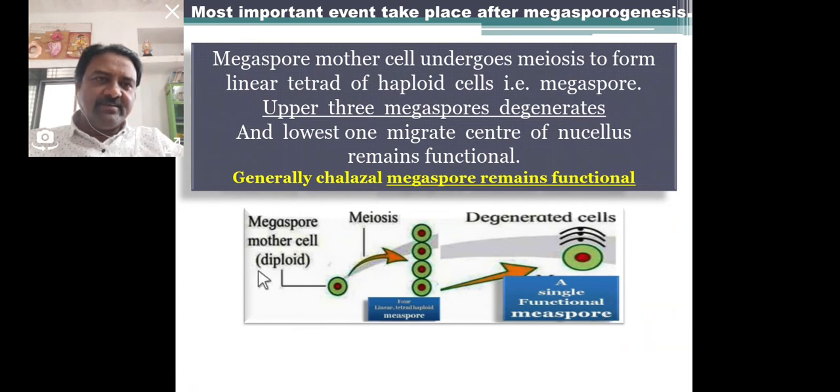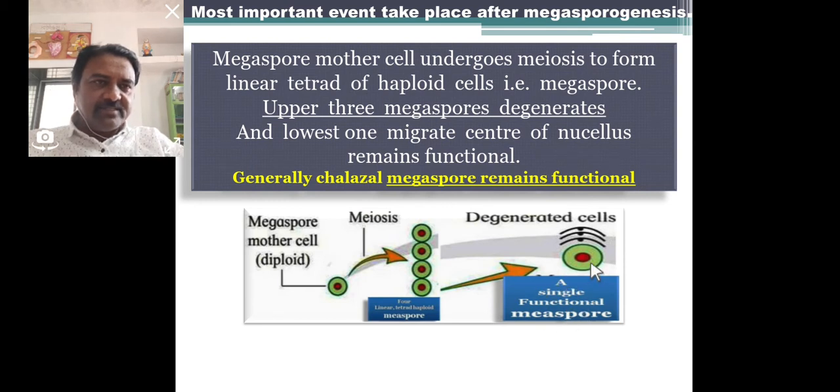Now here the diagrammatic representation shows the diploid megaspore mother cell undergoing meiosis to form 4 haploid cells known as a tetrad of linearly arranged megaspores. Each one is haploid. Of these 4 haploid megaspores, 3 become degenerate and 1 is functional.